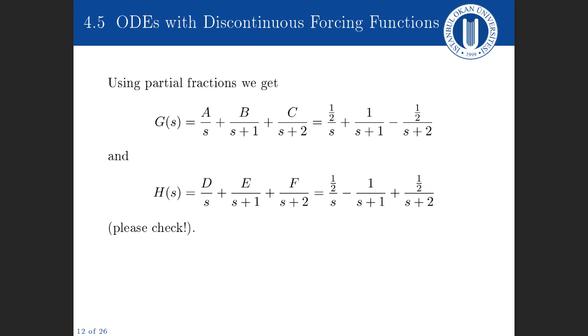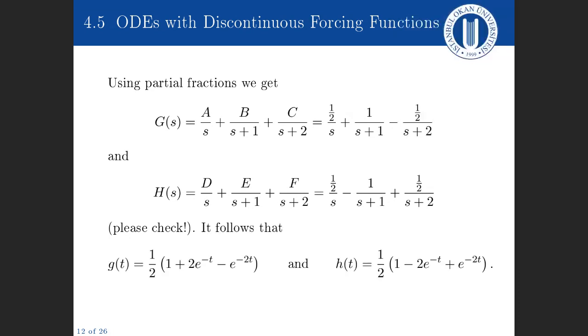And assuming these are correct, we know how to find the inverse Laplace transform of these. So I'll just tell you that small g and small h must be these functions. Okay, so now we know small g and small h. Now we can move on to finding small y.